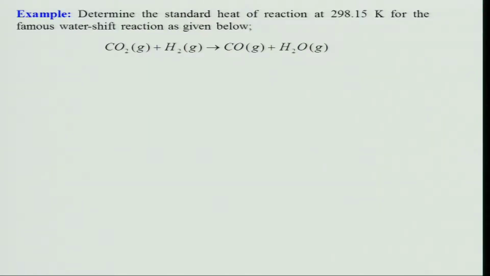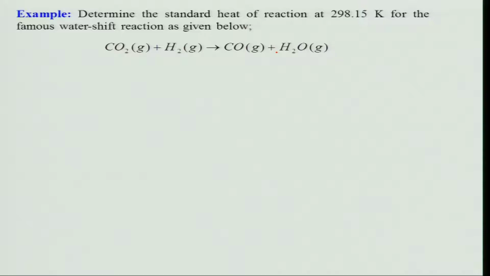This is a very important water shift reaction, which is basically 1 mole of carbon dioxide reacting with hydrogen, going to carbon monoxide and water. Of course, keep in mind that all these components are in the gaseous phase. Now the question arises whether I can get back carbon dioxide: carbon monoxide can be reacted with the oxidizer to give me what?